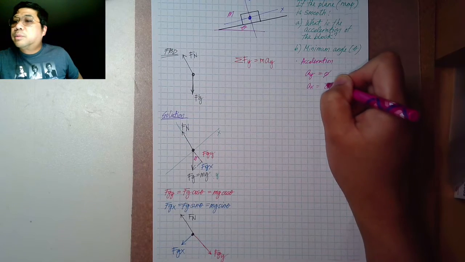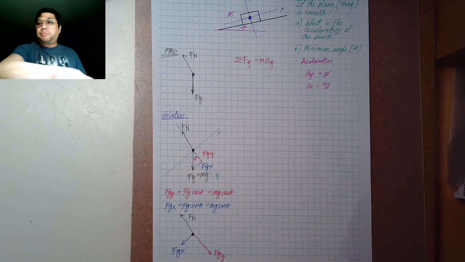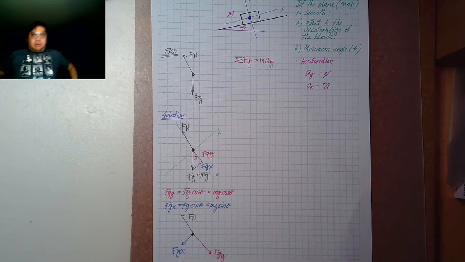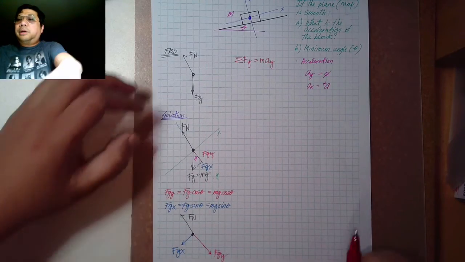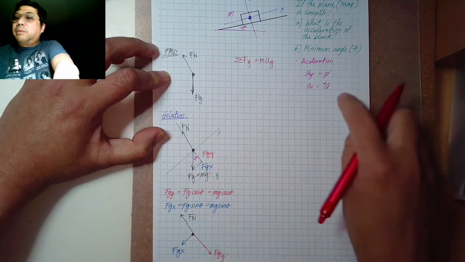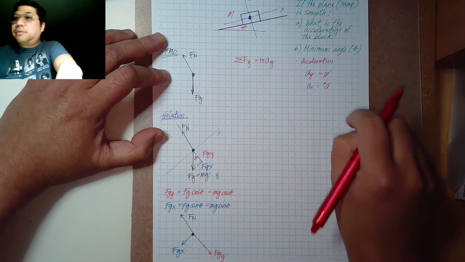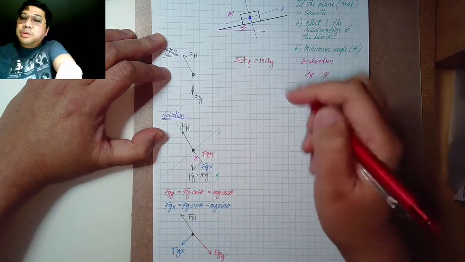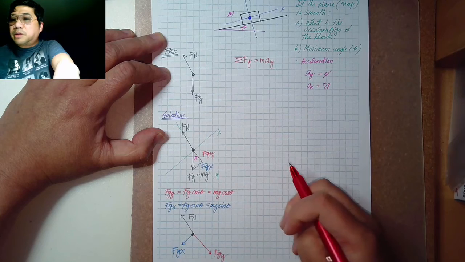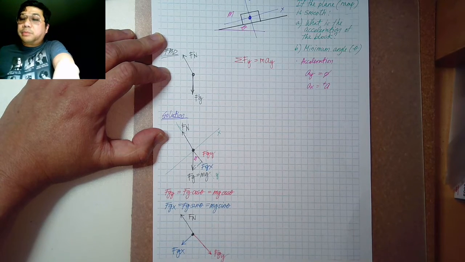So this is positive acceleration, since it is increasing in terms of speed from 0, and that's our basis of assigning the positive acceleration.